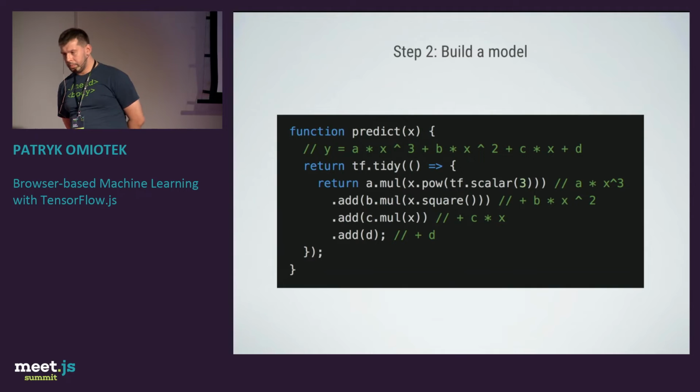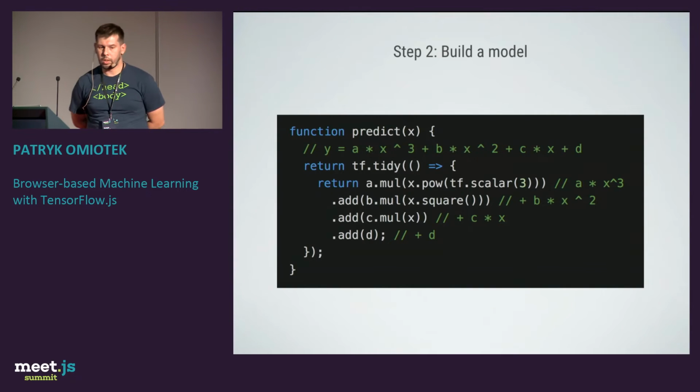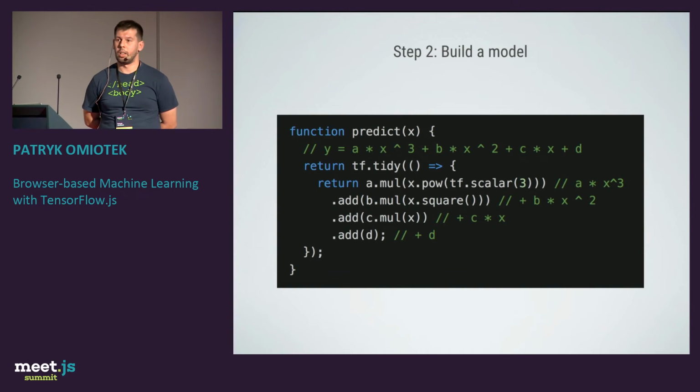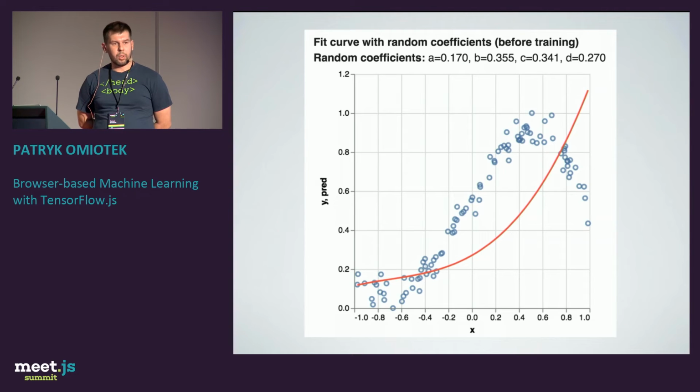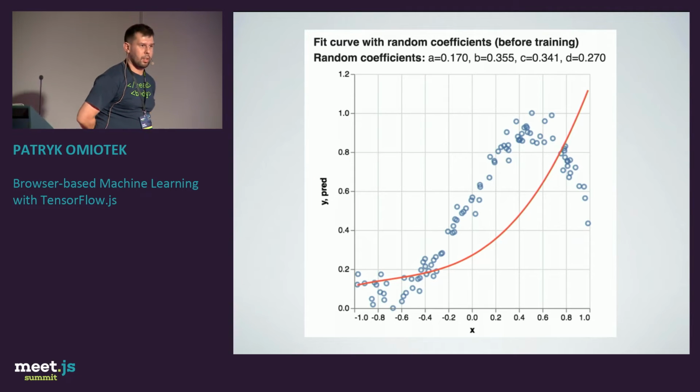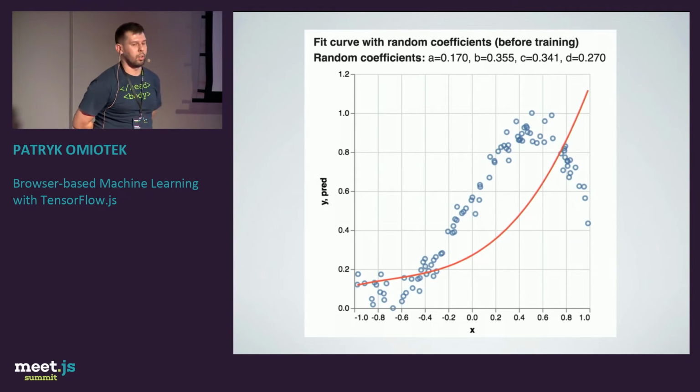And our model looks like this, similar to the last example. Because we choose random values for these coefficients, we have, of course, a random chart like in this example. And our goal is to train our model to find the best fit values for our coefficients.